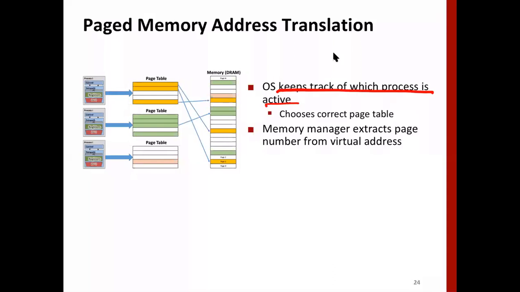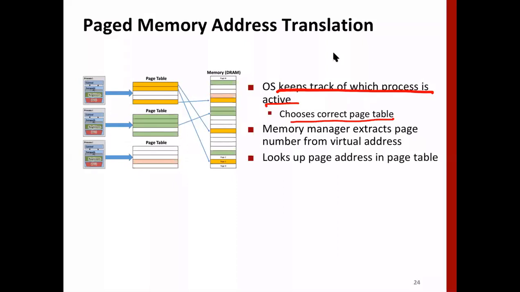Then the OS gives a pointer to the page table of that process, because each process has its own page table and somebody has to keep track of that. It's the OS who keeps track of that. As soon as the OS makes a process active, it simultaneously gives the pointer to that page table, so it chooses the correct page table.